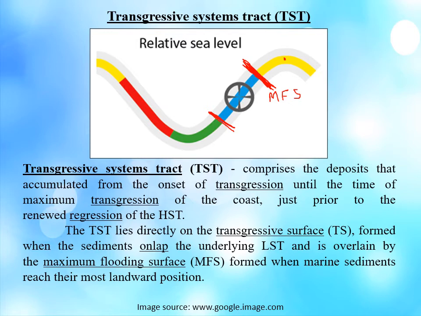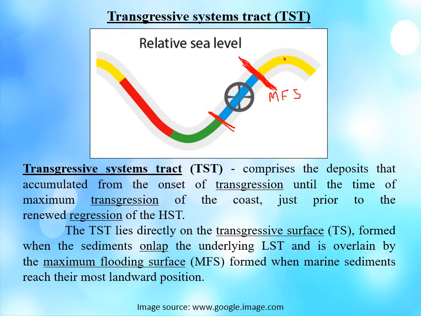So although sea level is increasing, due to the higher amount of sediment supply, deposition in this area is either aggradational or progradational. So my shoreline remains either static or starts moving towards the basinal part, that is, more towards the seaward part. So this is the maximum limit of shoreline movement towards the land part.